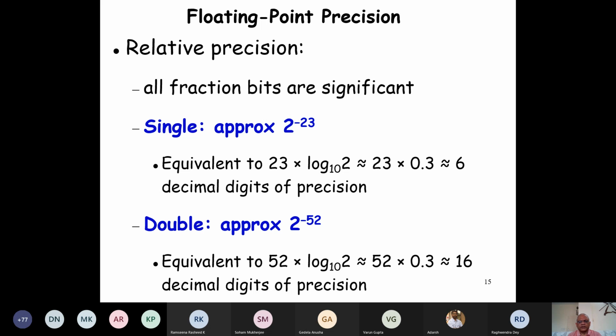So the number of decimal digits, okay, it is 6-digit precision. So 0.000001, that is the least number we can handle in single precision. We cannot handle precision like 7 zeros and 1 or something like that.